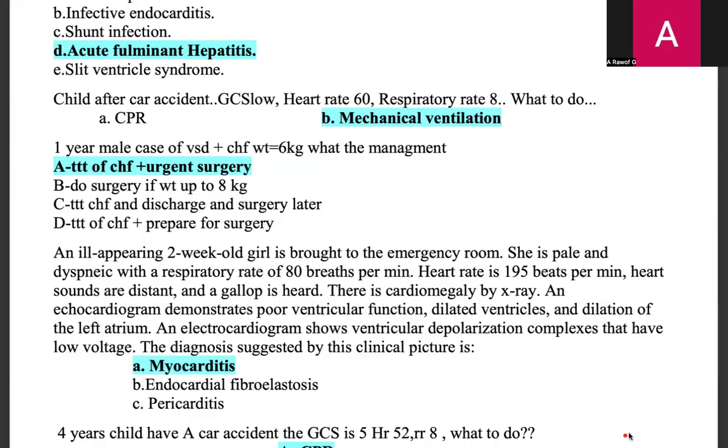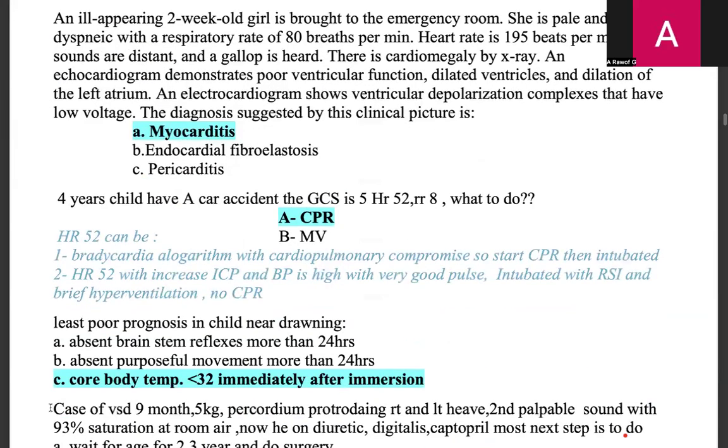Four-year-old child has a car accident. The GCS is 5, heart rate 52, respiratory rate 8.